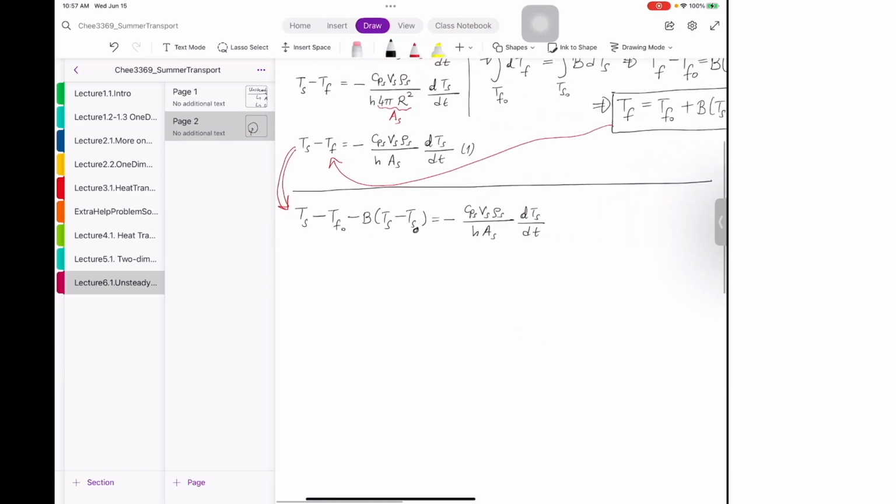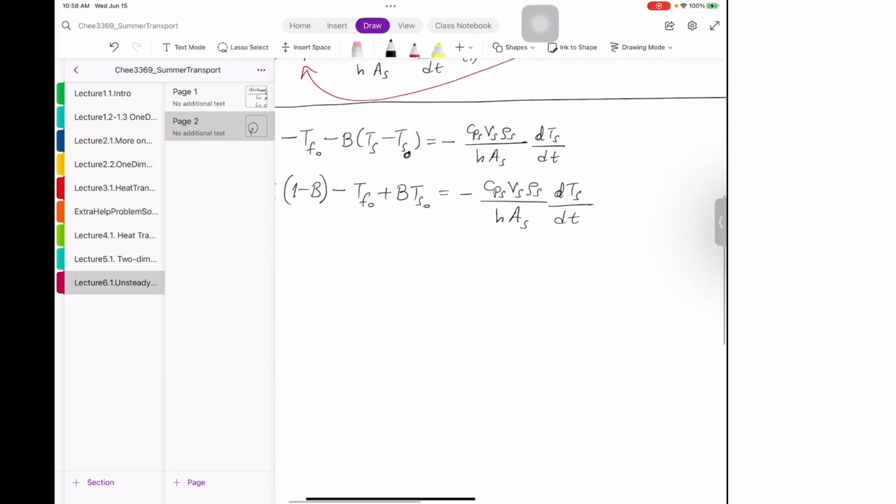Now I need to collect all the Ts. Ts times 1 minus B plus some constants, so this is minus Tf0 plus B Ts0, is equal to negative Cps Vs rho s over hAs dTs over dt. Now I'm going to collect all the Ts on one side and all the t on the other.